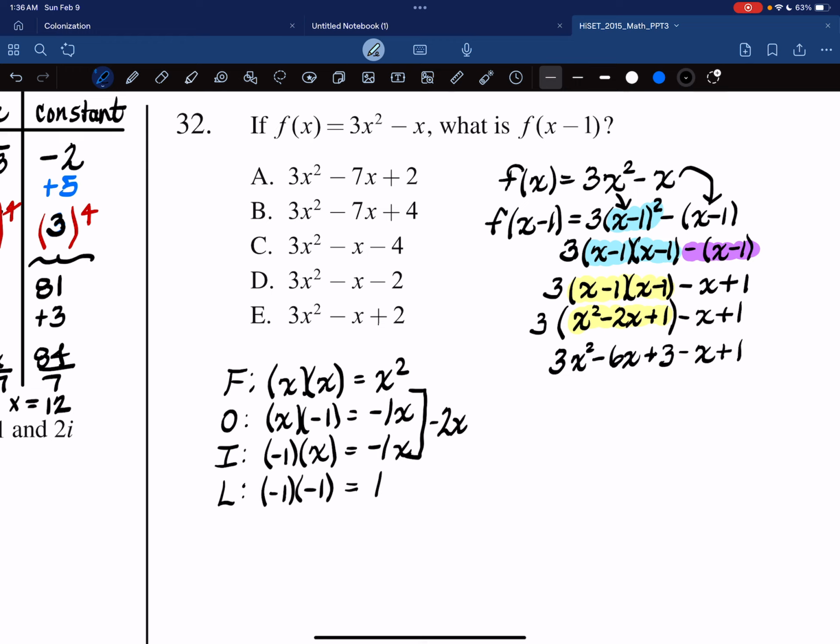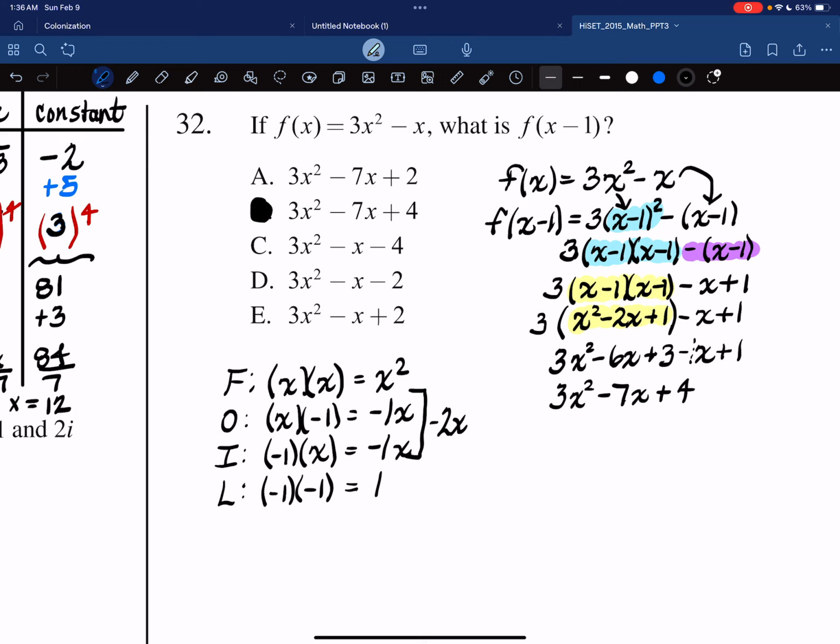I can combine my x's, so I would have 3x squared, negative 6, this is negative 1, that's negative 7x. 3 and 1 make 4. And that would be my answer. So 3x squared minus 7x plus 4 looks like B as in Bravo.